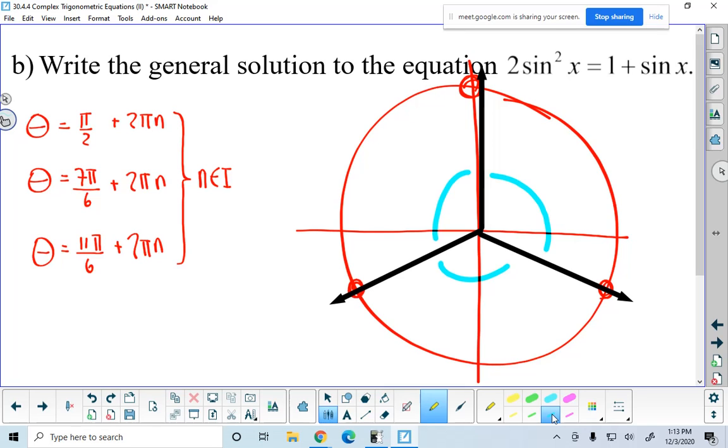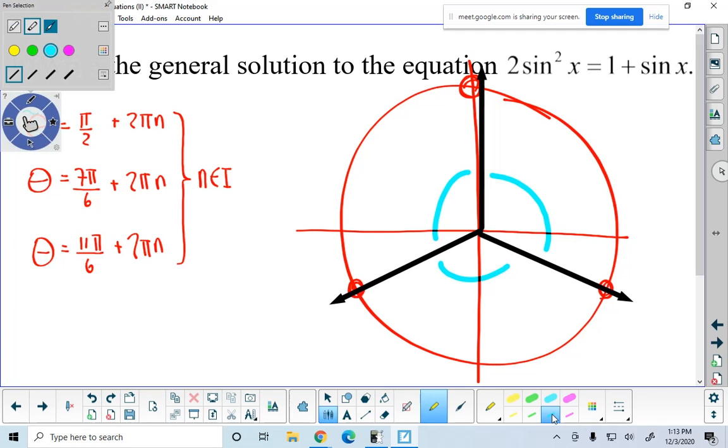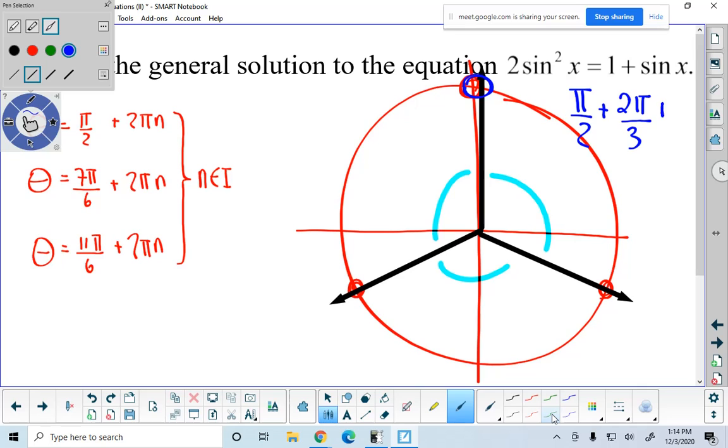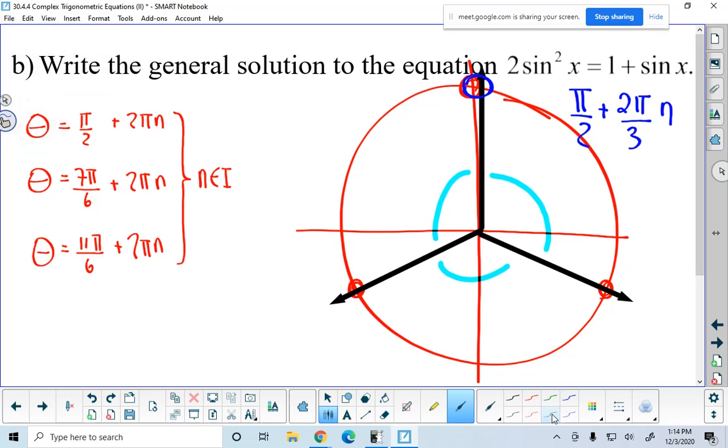And for that reason, for my general solution, I can say pi over 2, which is this one, plus multiples of 2 pi over 3. 2 pi over 3 is 120. So if I go from 90 and add 120, I'm here.